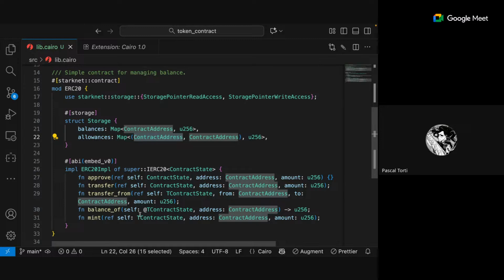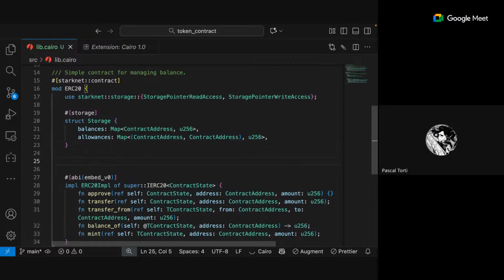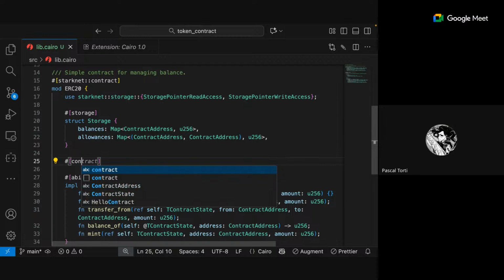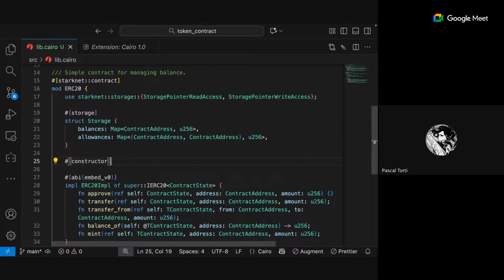We have mint. Mint deals with balances. So we're going to initialize some balances, but for now, let's do something like this. You have to put a constructor.